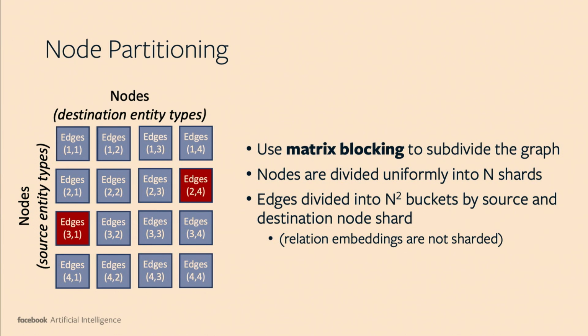And what this means is that every edge is now divided into one of n squared buckets based on the source and destination node shard. So, if you think of bucket 3,1 here in red, the edges that belong in there have their source node in shard 3 and their destination node in shard 1.